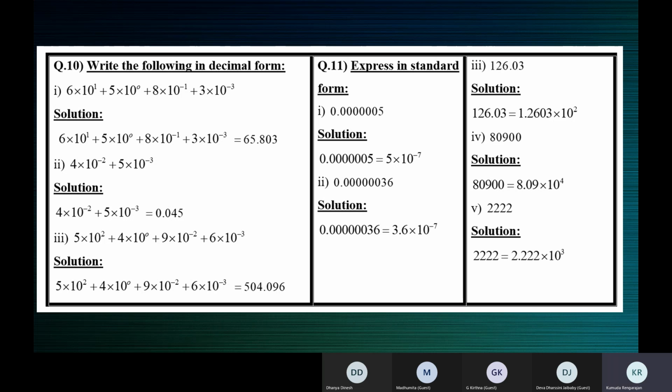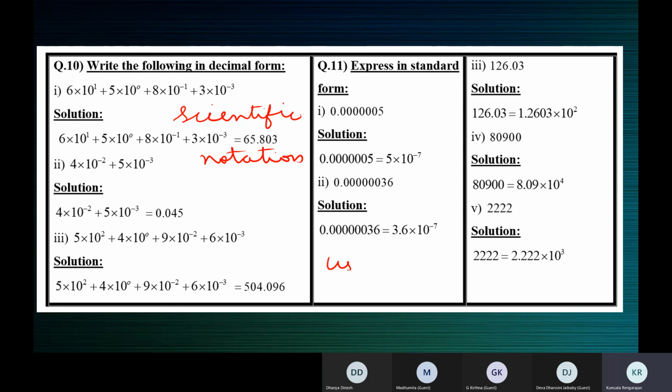Express in standard form. So let's understand what this standard form is, which is also called the scientific notation. There are two forms.